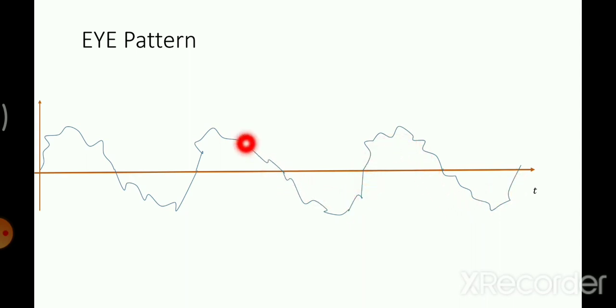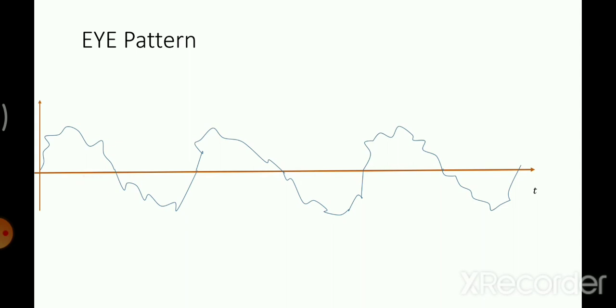So what we do, the eye pattern is basically a visual idea to see whether your transmission was perfect or not. Suppose these are fixed intervals, let us say TB, 2 TB, 3 TB, 4 TB, 5 TB. Every TB interval you have sent this information, and this is the received signal which is kind of distorted and misaligned.